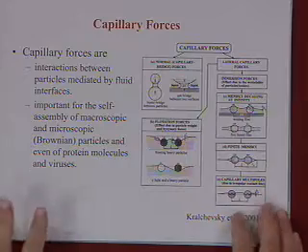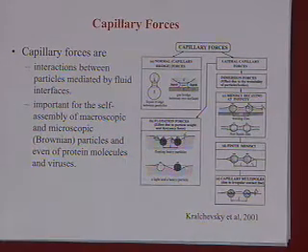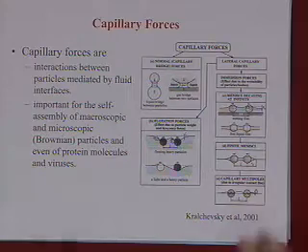We already learned the details in the lecture, so I won't go into detail, but I want to mention that capillary forces are interactions between particles which are mediated by fluid interfaces. They are important for the self-assembling of macroscopic and microscopic particles, and even for protein molecules and viruses.